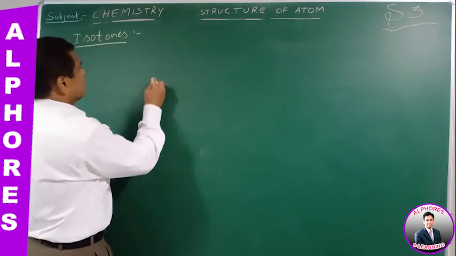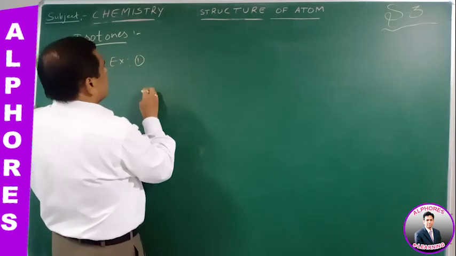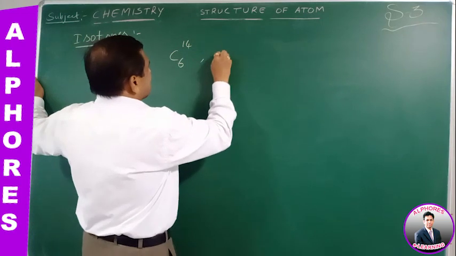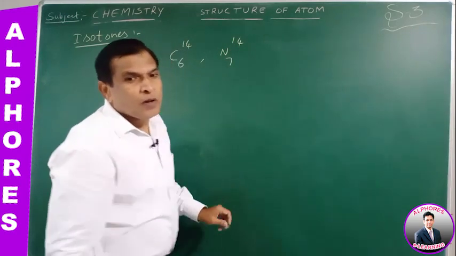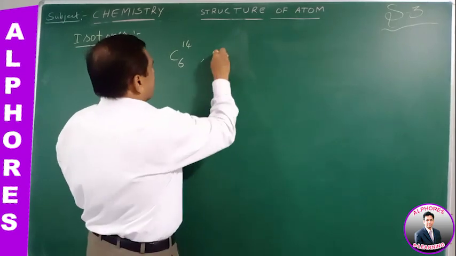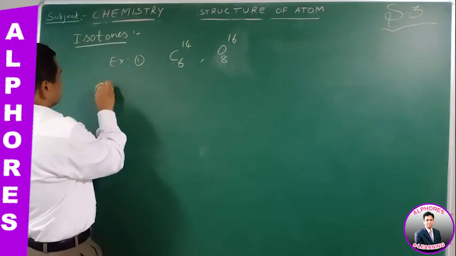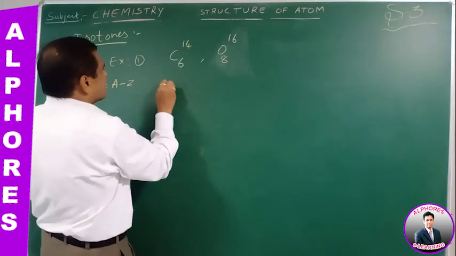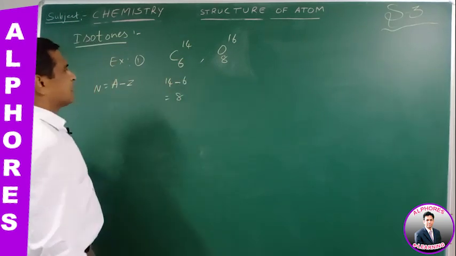Example 1: carbon-14 (atomic number 6) and oxygen-16 (atomic number 8). The number of neutrons is A minus Z. For carbon, mass number 14 minus atomic number 6 equals 8 neutrons.